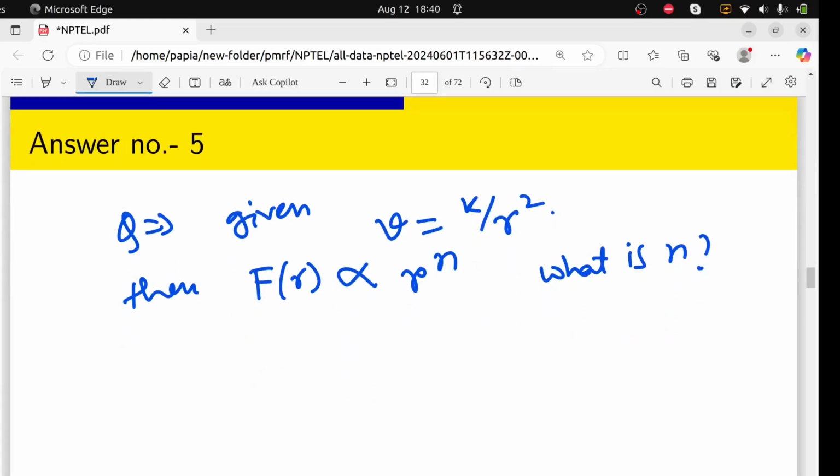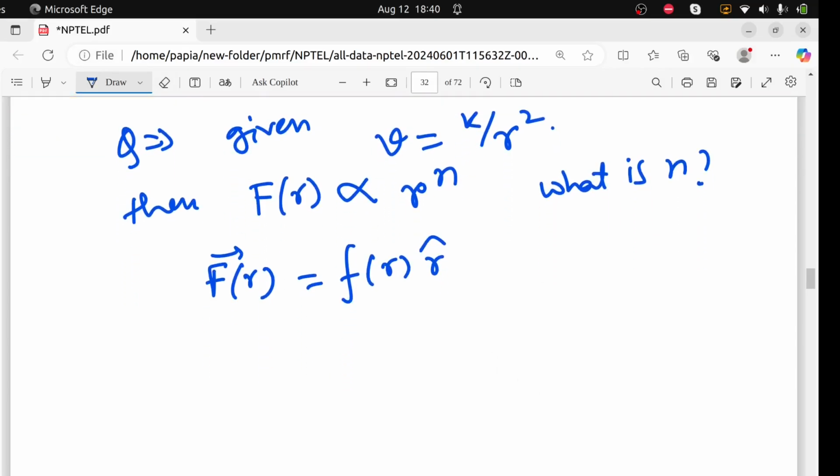Okay. So for that, as it is a central force field, I can write F as F of r into r cap.